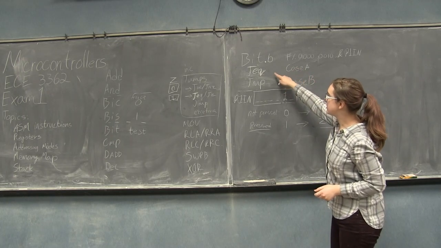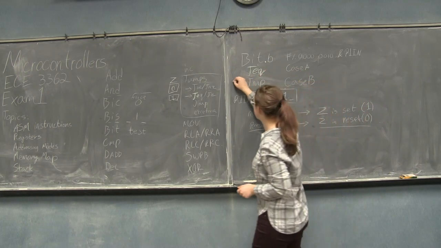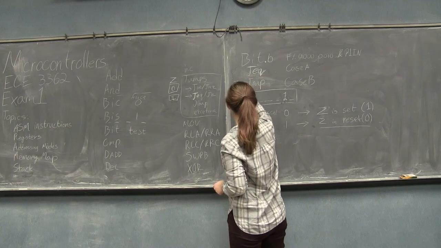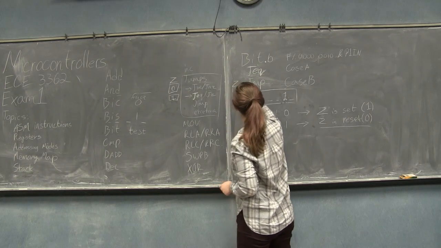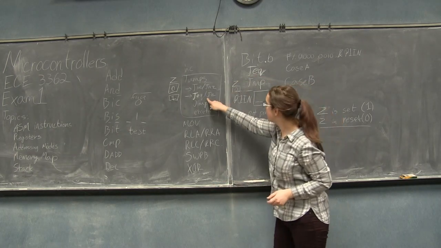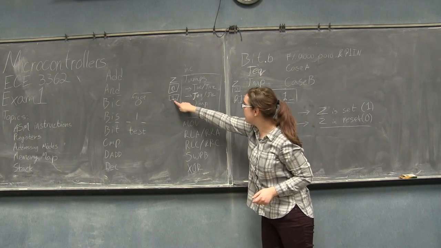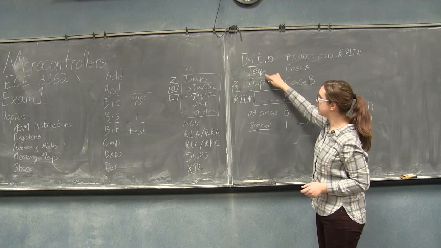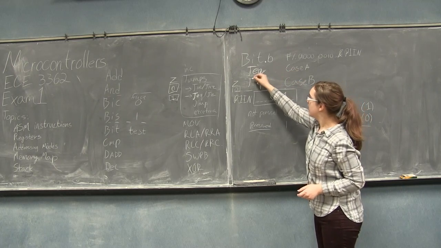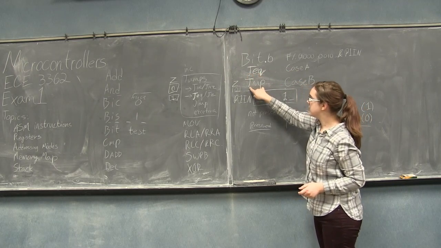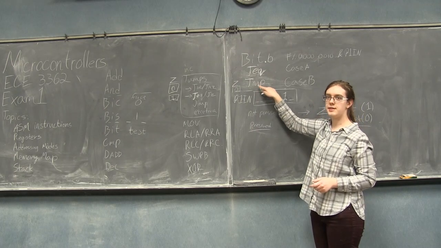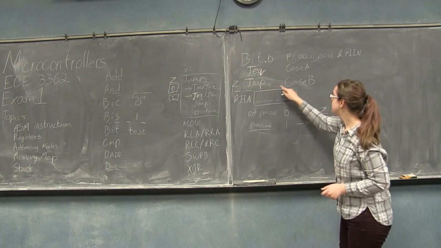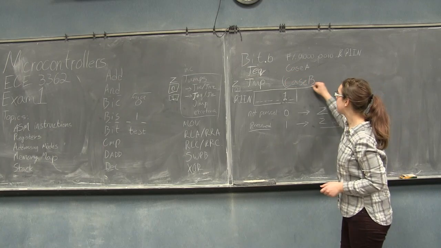So we don't branch here because our Z value is 0, and this one only jumps when it's 1. But because this is 0, we have to fall through. So we don't jump here, but then we reach this jump statement, JMP, and this is unconditional jump, and this means always jump. So we actually go to case B.